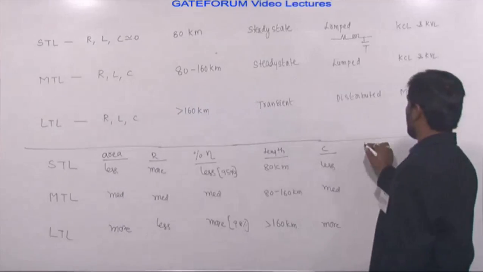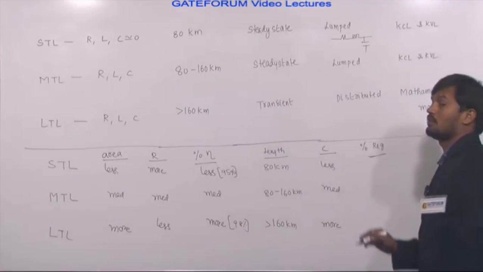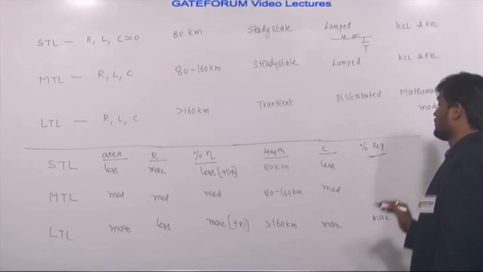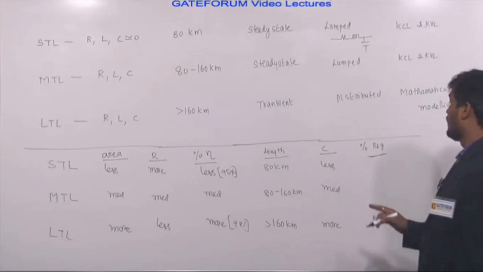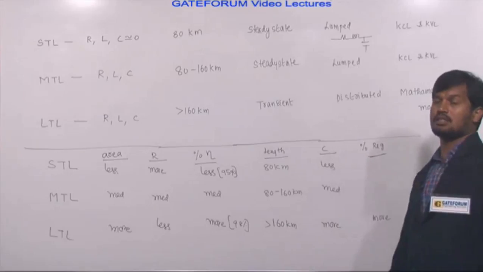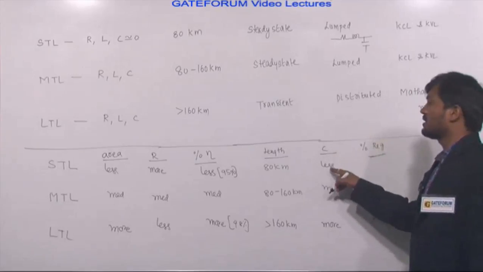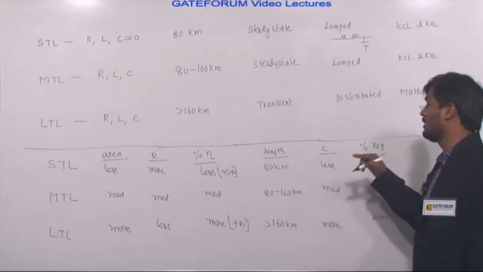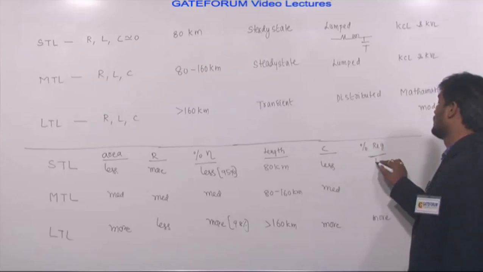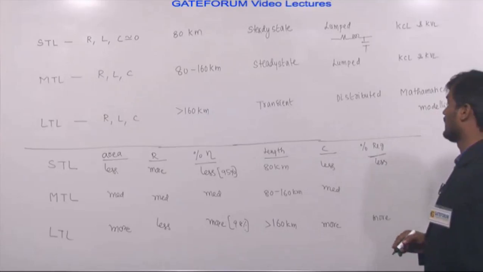We know that when capacitance is more, the change of voltage at the receiving end from no load to full load is also more. Therefore, regulation is also more. Regulation of which line is more? The long line. Due to capacitance, the receiving end voltage is very high. As capacitance is less in the short transmission line, the voltage at the receiving end is also less, therefore change in voltage is also less, hence percentage regulation is less in the short transmission line.